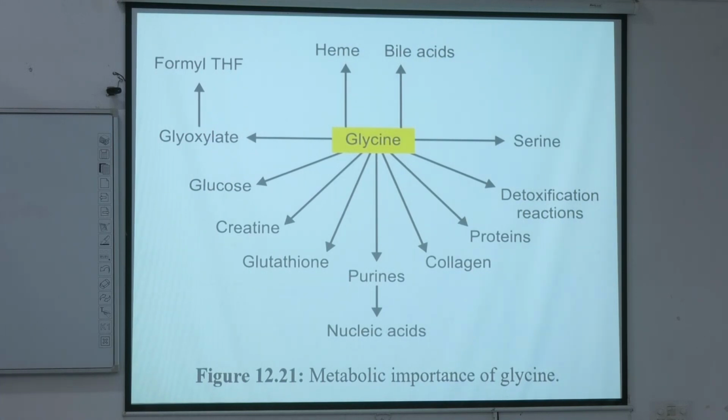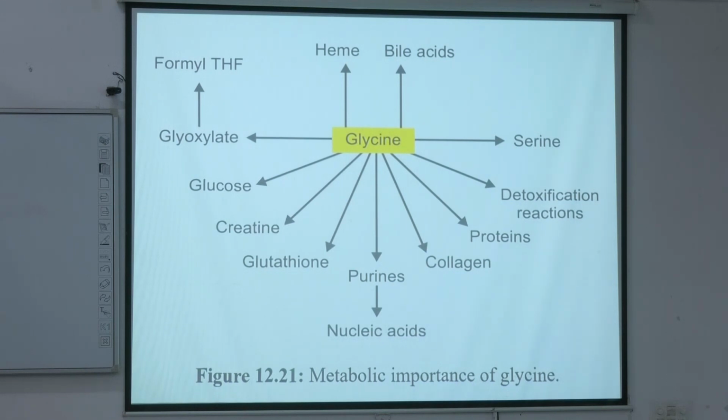Now you will see the role of glycine. Glycine participates in the formation of several other amino acids like serine, in detoxification reactions, and in the synthesis of proteins, collagen, nucleic acid, glutathione, creatine, glucose. So it has major functions.